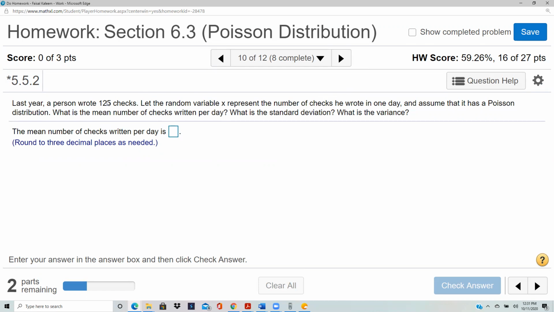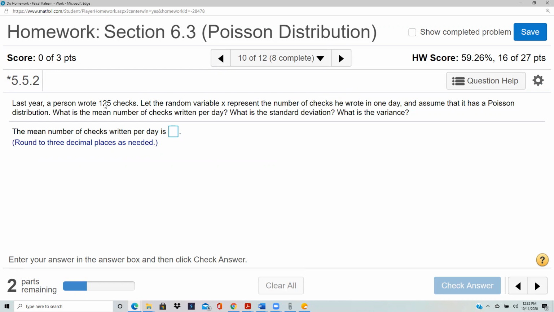So if it's 125 checks in a year, then it will be 125 divided by 365, because in a year there are 365 days. So if you want the number of checks per day, you would divide the yearly checks by 365.